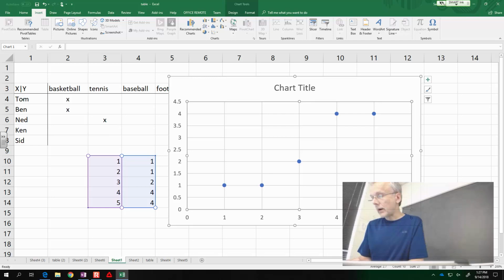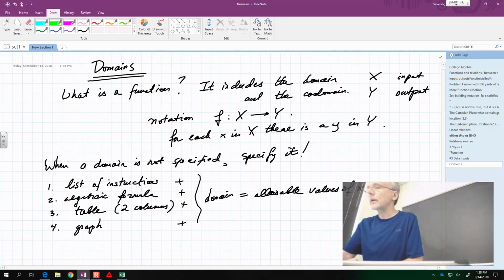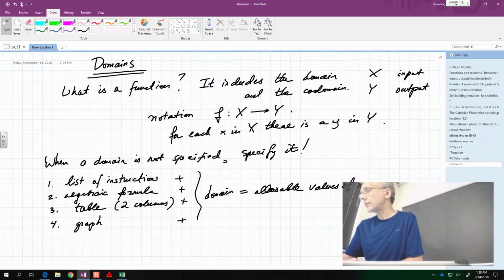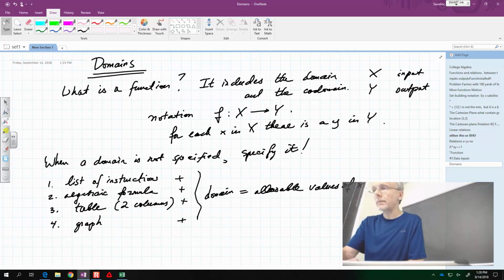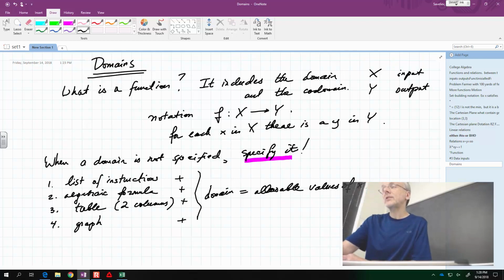The problem of finding or specifying the domain is usually about the formula, the second part. So once again, how do you specify the domain for an algebraic formula? You've got to figure out for which values the formula makes sense and for which it does not.